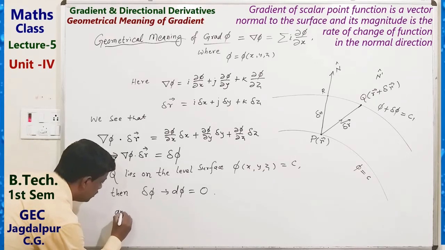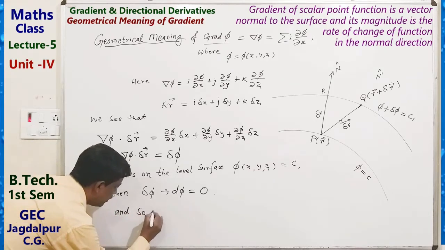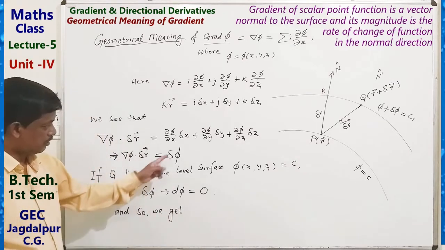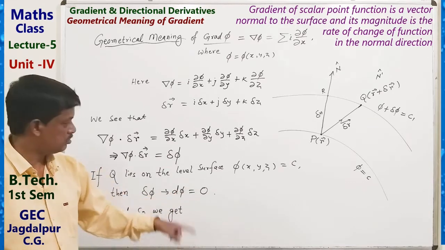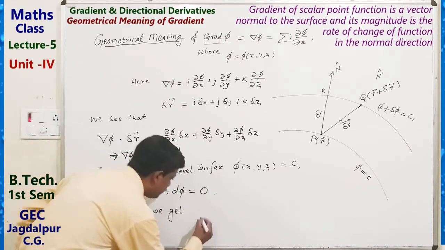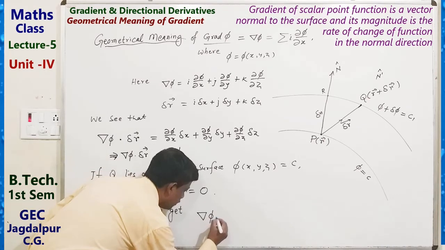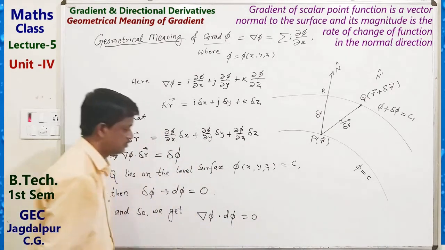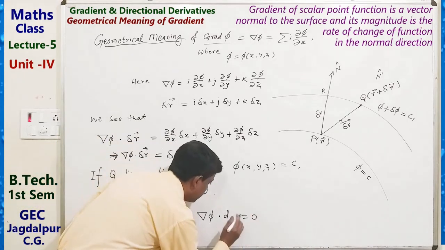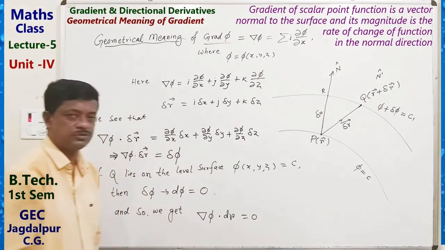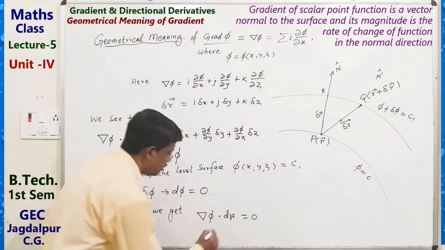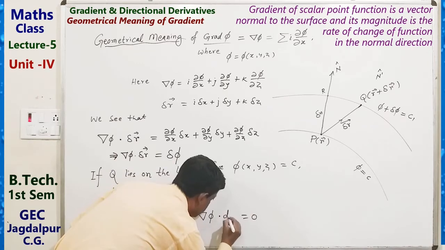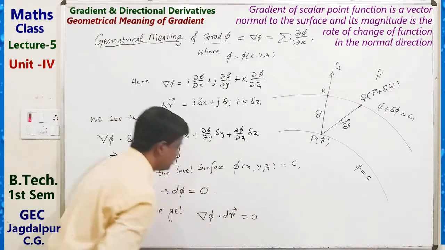and so we get delta phi tending to d phi equals 0, so del phi dot dr vector equals 0.